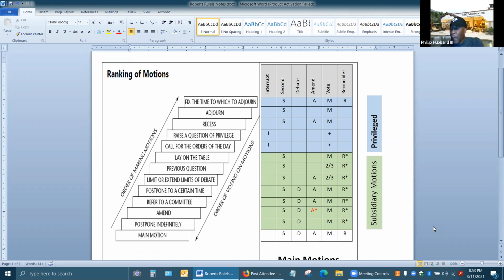So the motion to lay on the table enables the assembly to lay the pending questions aside temporarily.